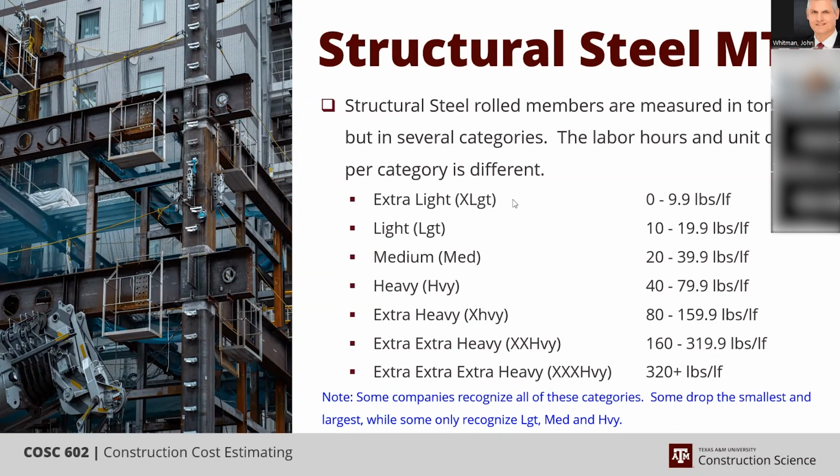So there's some variation in the approaches, but the approach is generally fairly consistent. I've seen some variation in these weight categories as I've moved from one company to another, and I've dealt with some suppliers, but most of them are really close to this. I haven't seen much variation in that.